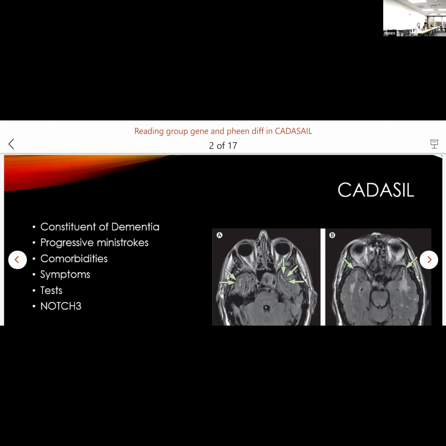Some of these comorbidities are vast, as you can tell from the MRI slide. There can be different areas of the brain where these lacunes or white matter hyperintensities and even microbleeds occur, which can then affect a vast number of things. Symptoms can range from mania to memory loss, cognitive decline, and hallucinations can occur.